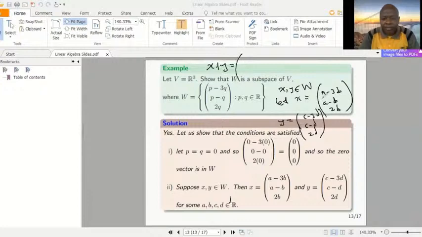Let's just get the sum. Of course, we are adding the first elements.